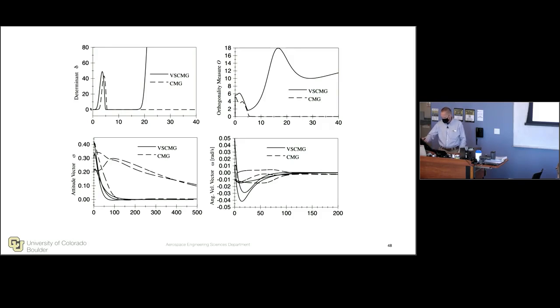When we're at a singularity, we get away from it for a brief moment, and then things get really bad because the orthogonality index goes to 0. Here you can see our VSCMG always produces the required torque, and so this system is able to stabilize the way we would expect. Versus the other system, even with all these modifications, it really struggles.